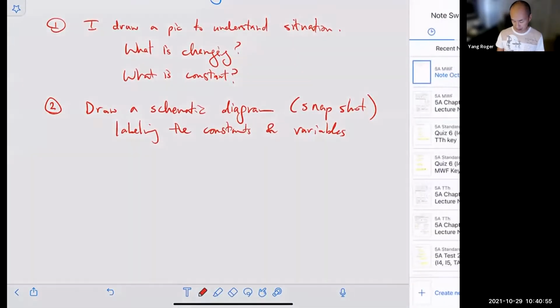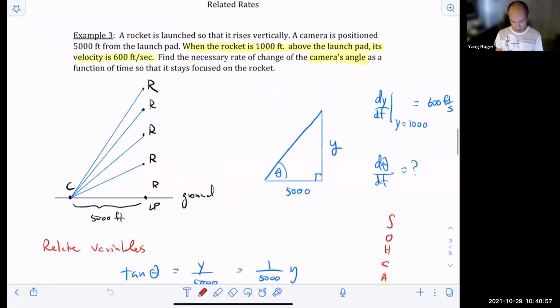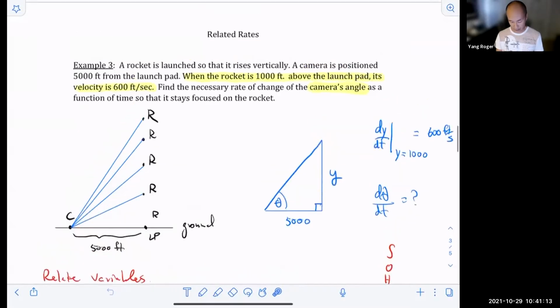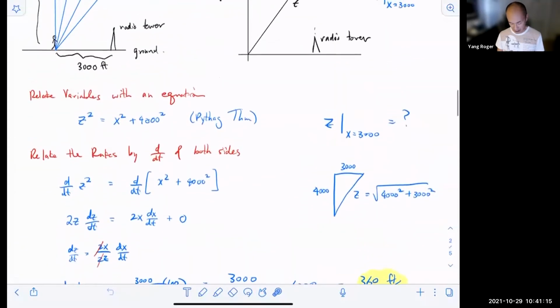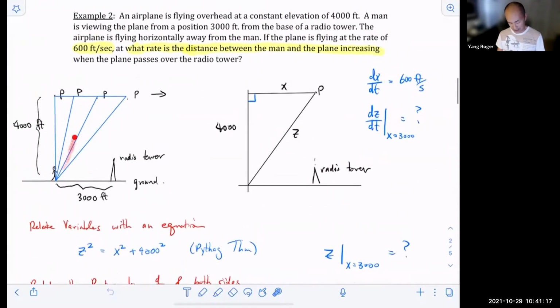So if you were to look at this, after I see this situation, I can figure out what's changing and what's constant. Then I just take a snapshot of one of these particular triangles and I label the variables and I label the constants, right? Same thing over here. I had these triangles changing.